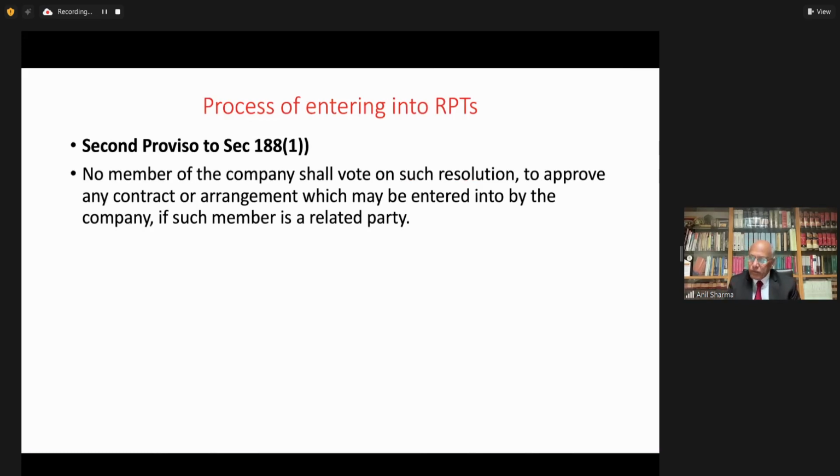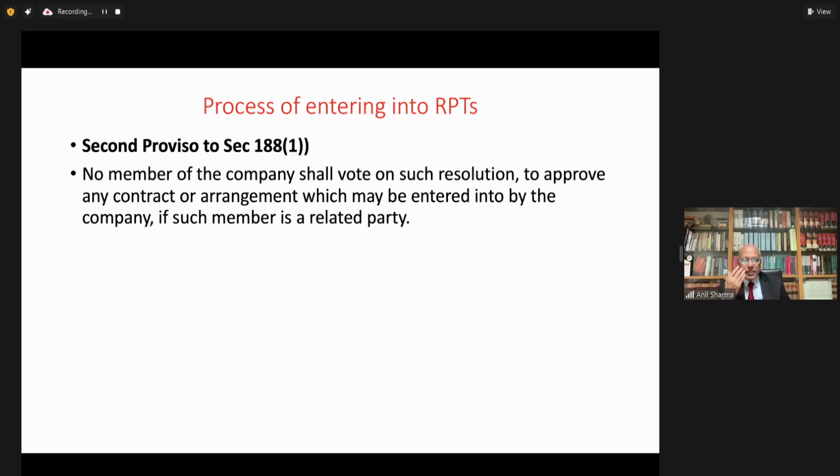Now I mentioned the restriction on a board member when the transaction comes: he cannot participate in that meeting where the related party in which that particular person is a director is interested.